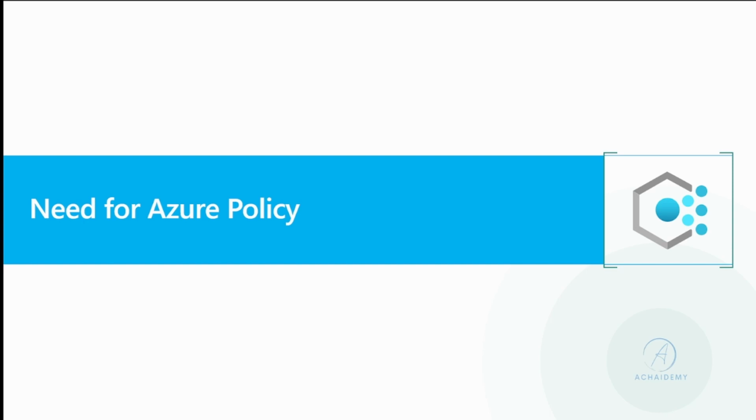Before getting deep dive into Azure policy and hands-on, let's spend a few minutes to understand how Azure policy plays a key role in infrastructure governance in Azure, giving better control to administrators and developers when creating infrastructure on cloud.